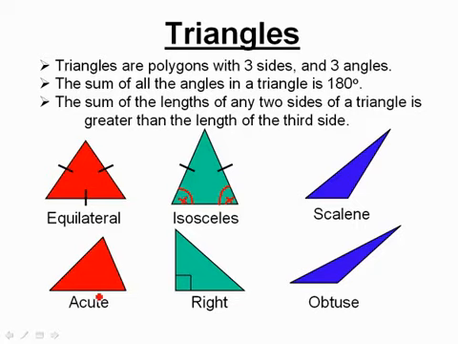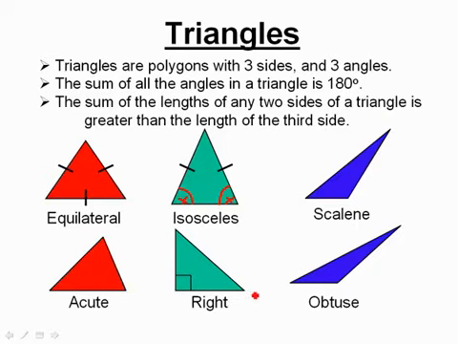An acute triangle has all 3 angles being acute angles, meaning less than 90 degrees. A right triangle has 1 angle of 90 degrees and then 2 other angles. And an obtuse triangle has 1 angle of greater than 90 degrees.